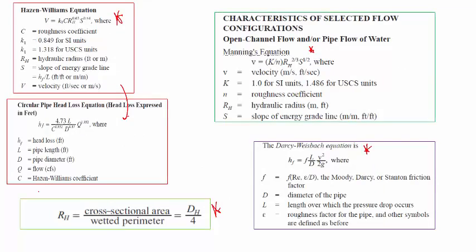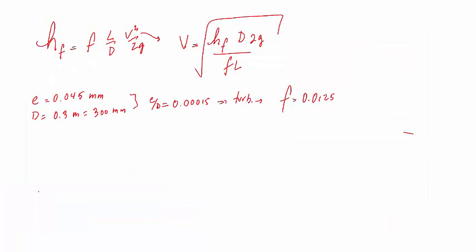Now, I wanted to comment on something. So now we have the 20 meters, which was the head loss, 0.3 meters diameter, 9.81 meters per second squared.